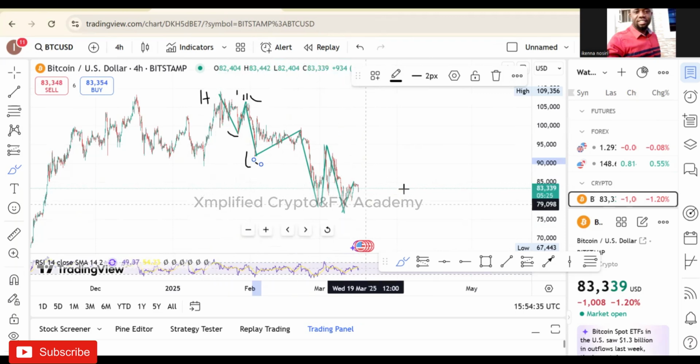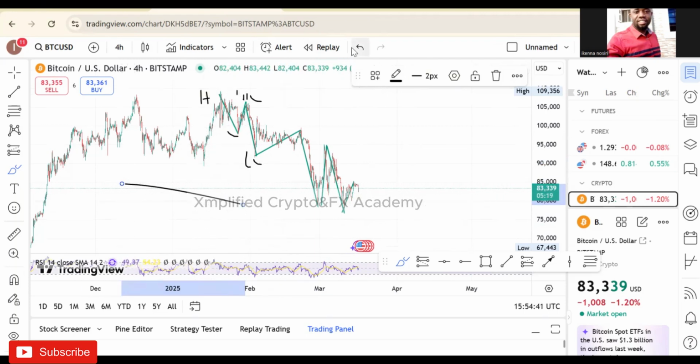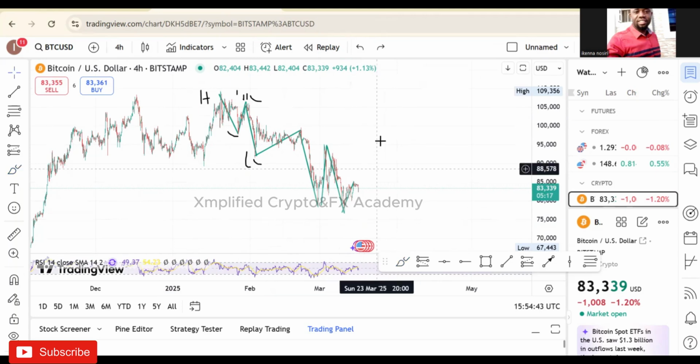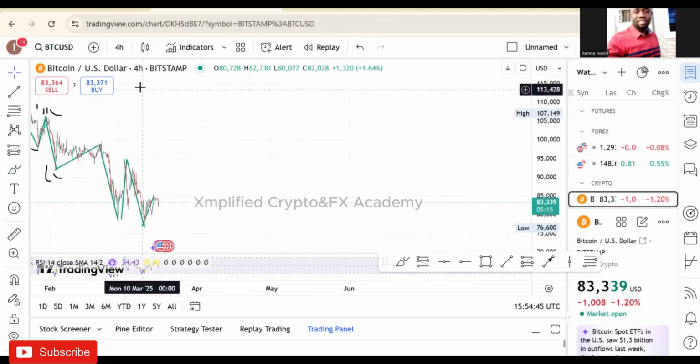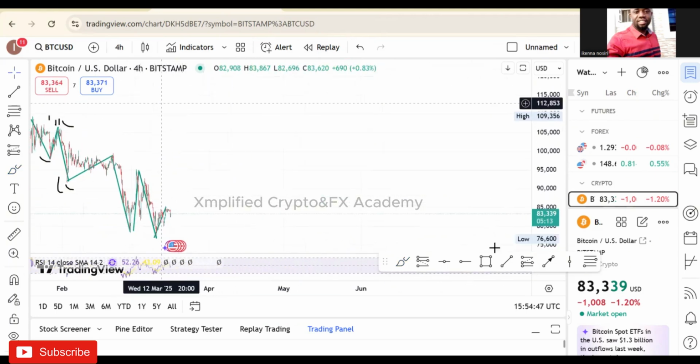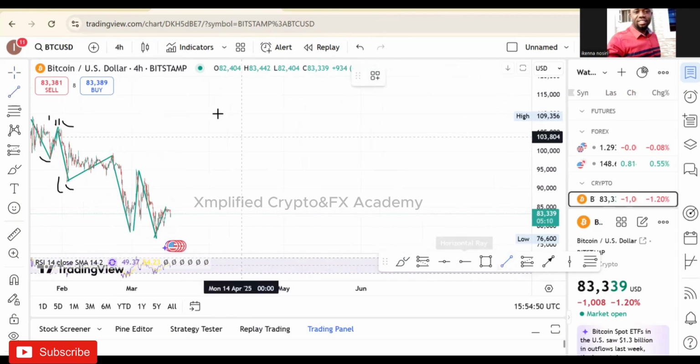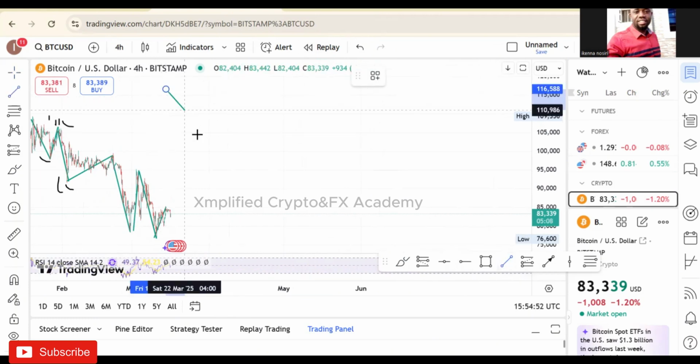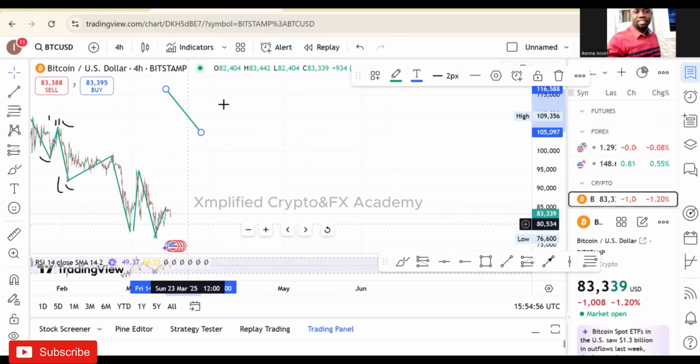So let me give us a better drawing without the price action on it. Sorry, guys. Fine. This is the drawing of a downtrend. This high, this is low, isn't it?